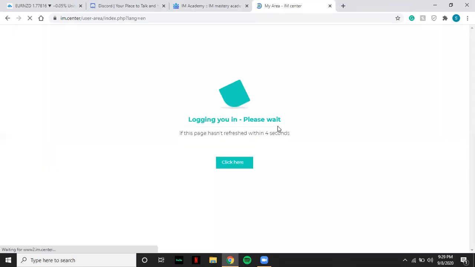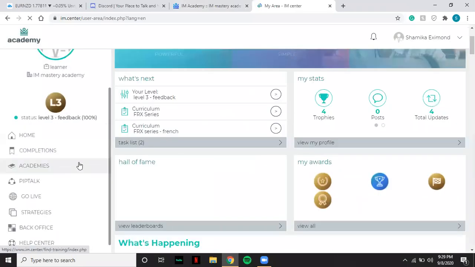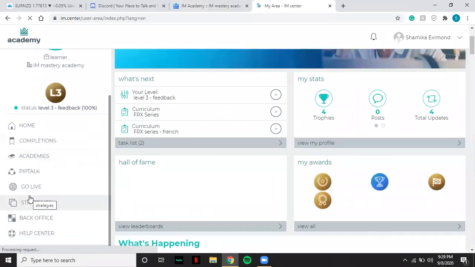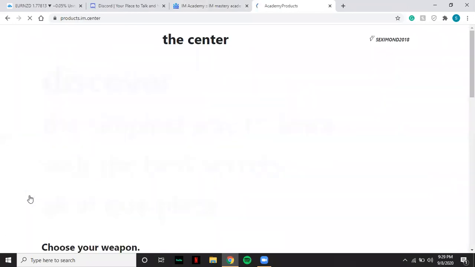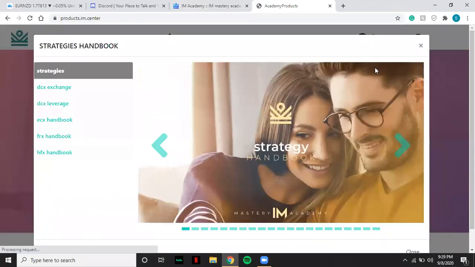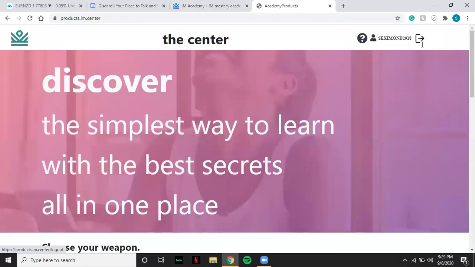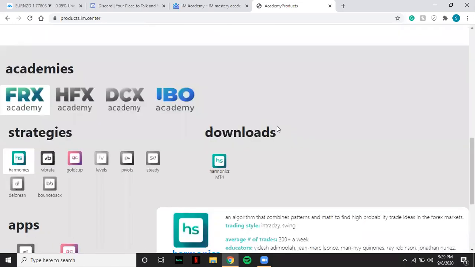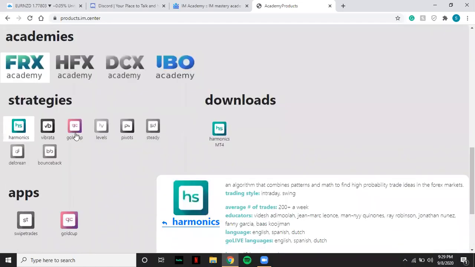You'll log into IM.Center, and you go right here and click strategies. You scroll down. This thing will always pop up. You just exit out, scroll down, and they show you all the different Forex applications that you could download on your phone, and then you just add it, and it sends you signals.